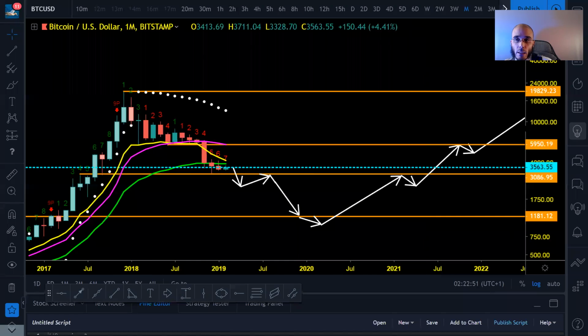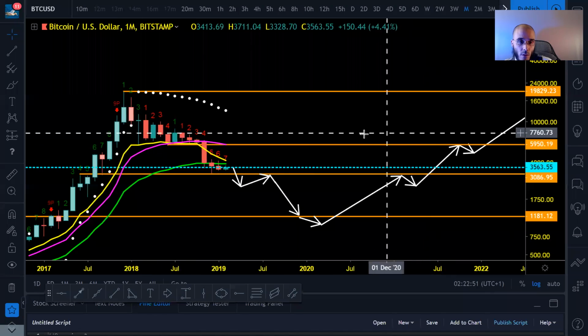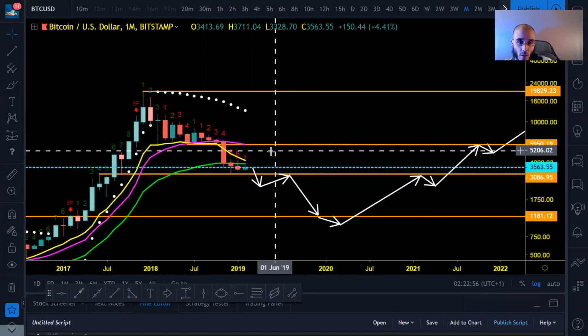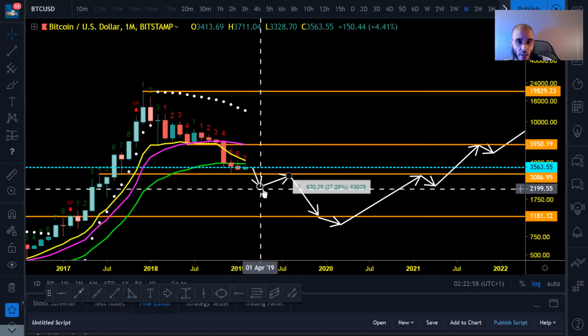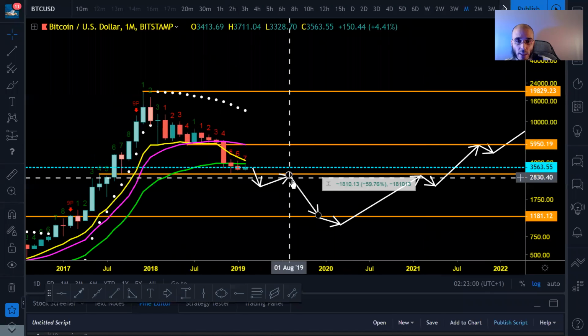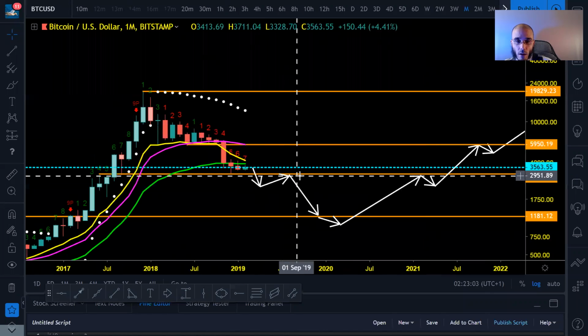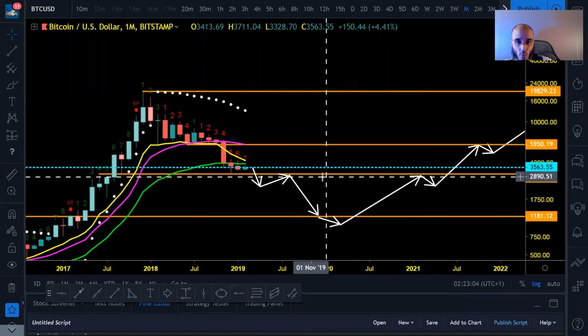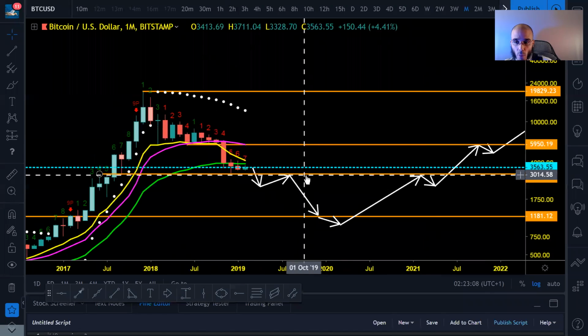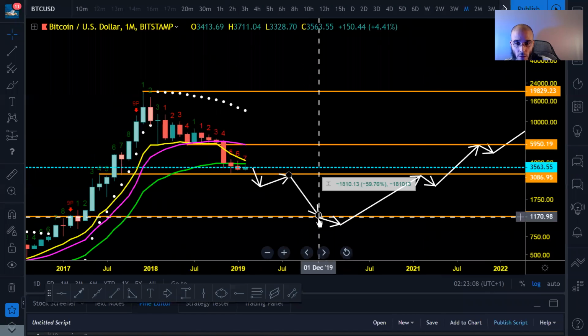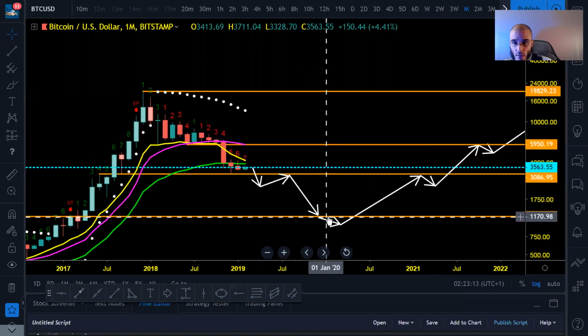Here is my price prediction for the bear market. So I expect us to drop. I gave it a little uptrend here, but I don't expect us to go higher than the breakdown of 3K. Then I expect us to go to the next support level, which is at around 1K.